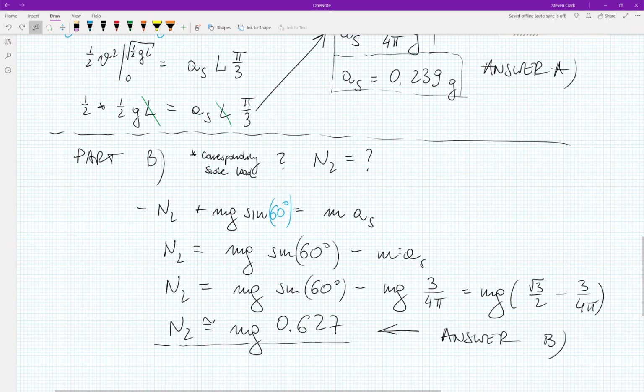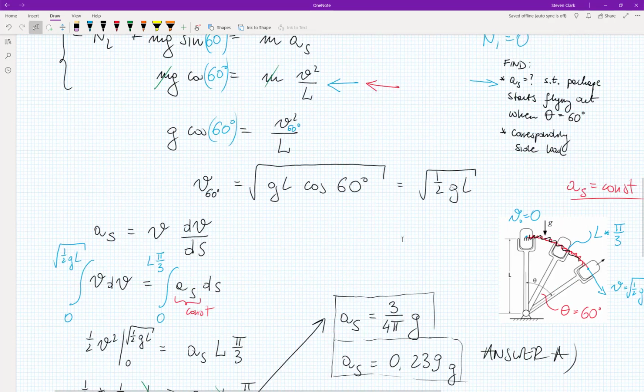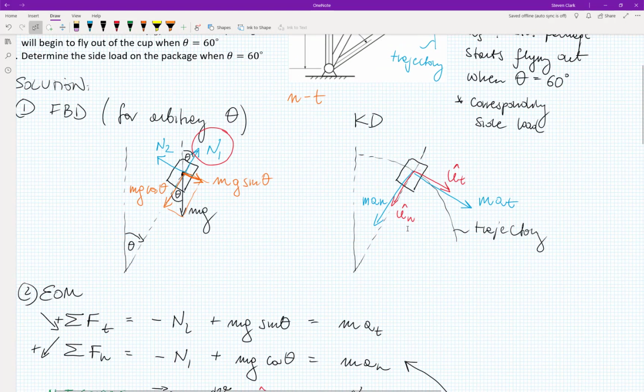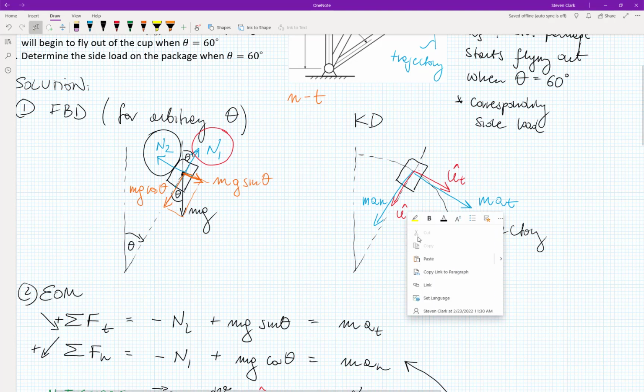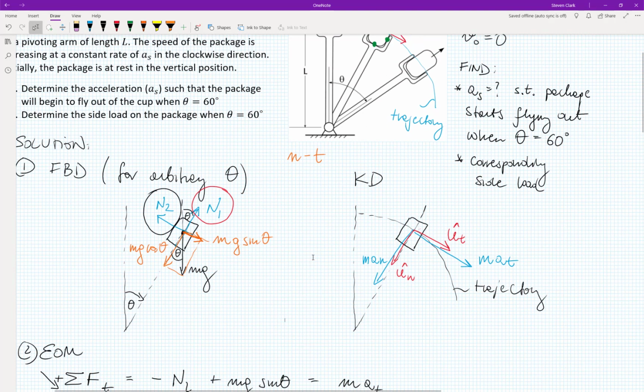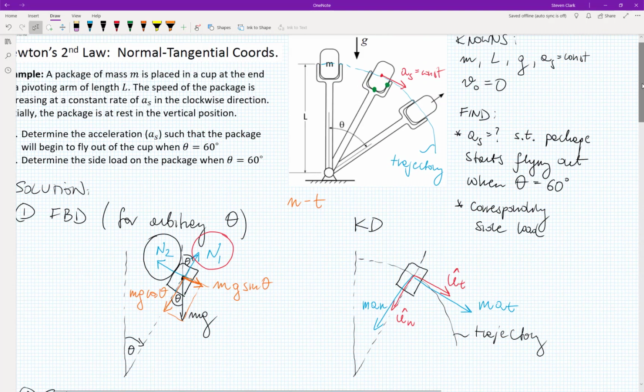Okay, guys, one interesting thing. I like details of such problems. So look, we ended up with N2 positive. Yeah, it's a positive value, yeah? So if I scroll up the board, it looks like my guess was correct. N2 should be pointing this way, yeah? And that means that if N2 points this way, this is the point of contact between package and the arm, this one.